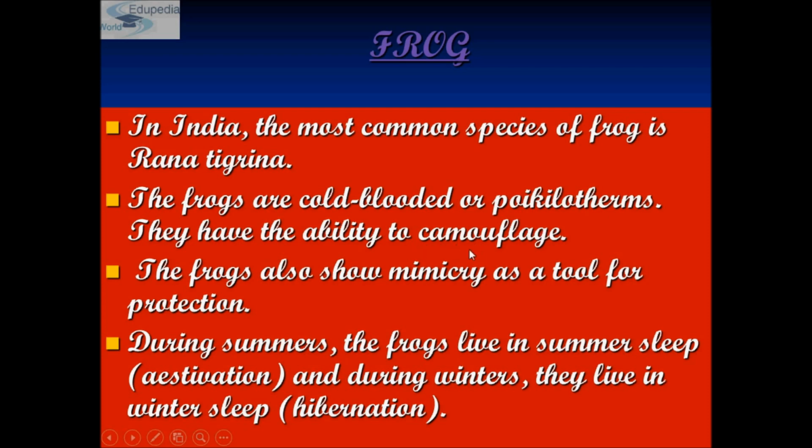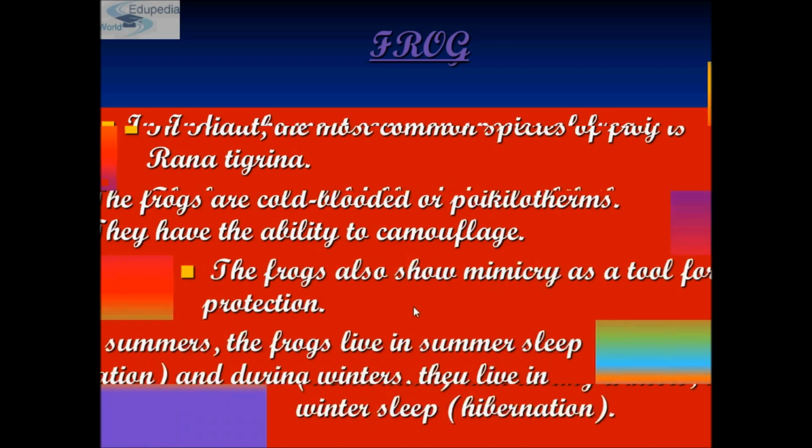That property is known as camouflage. They also show mimicry as a tool for protection, and this protective coloration is called mimicry. During summers, the frog live in summer sleep, which we call estivation, and during winters, they live in winter sleep, which we call hibernation.